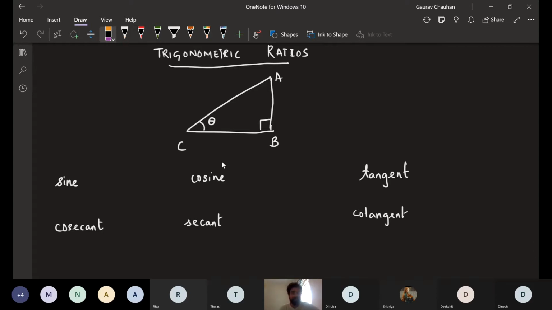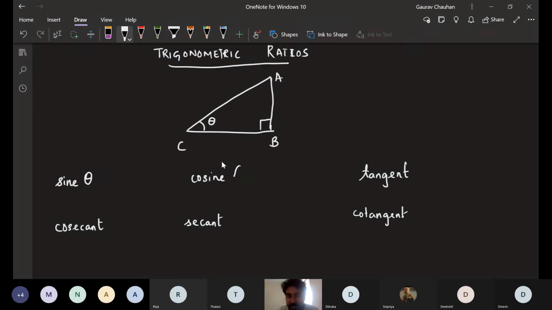These are basically the 6 trigonometric ratios. Each of these ratios is for this angle theta.